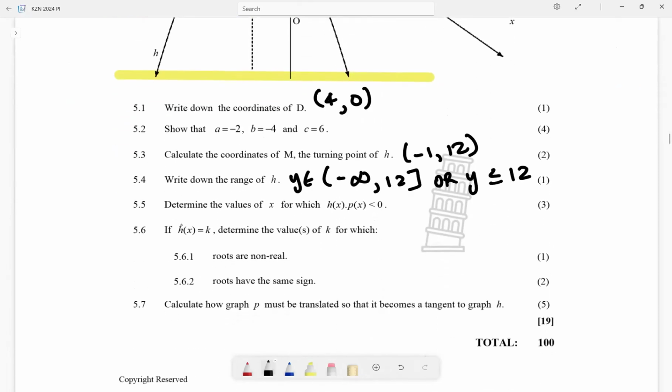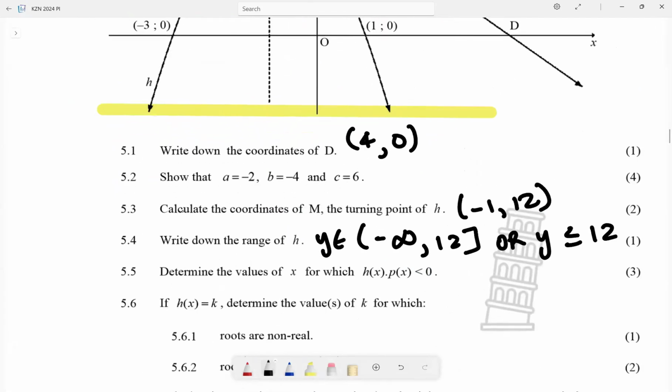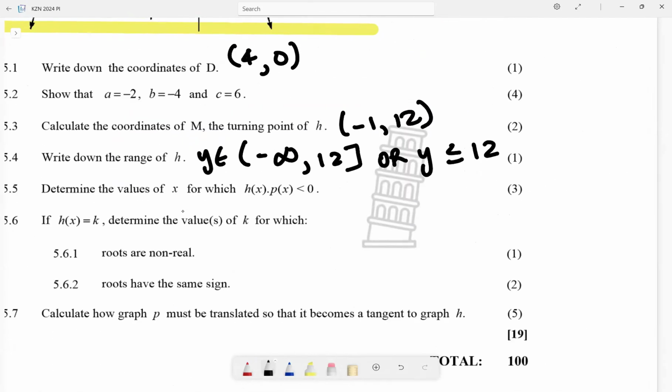Now determine where h of x multiplied by p of x will be less than 0. So it means we want, remember, when I multiply a by b, it gives me less than 0. It means at least one should be positive and the other should be negative.